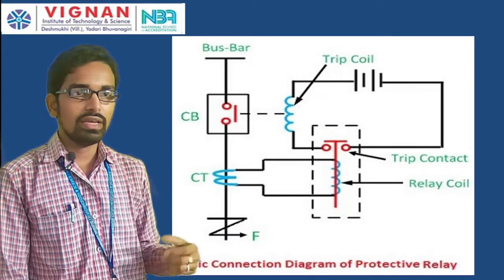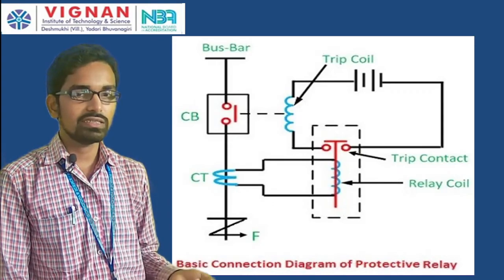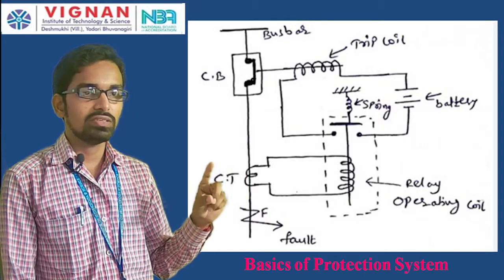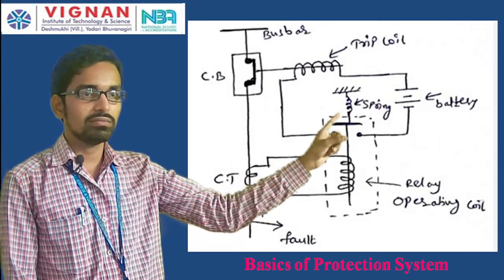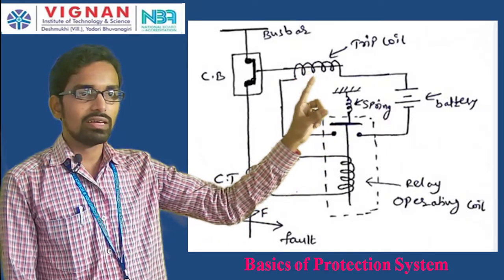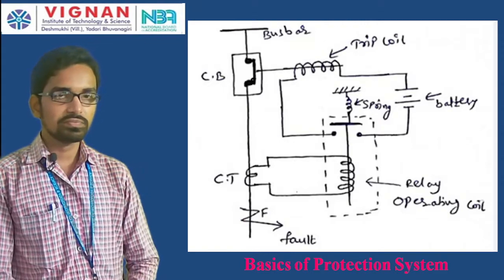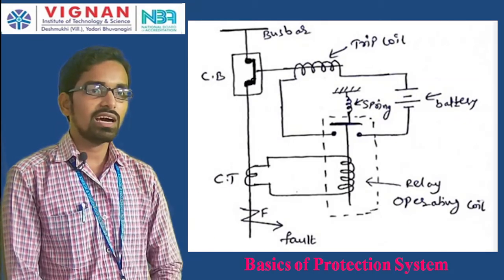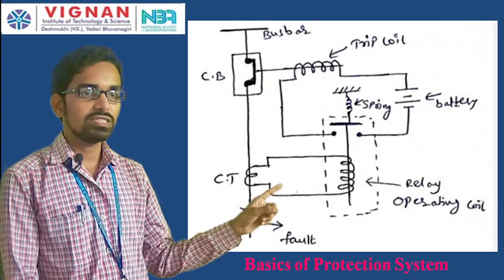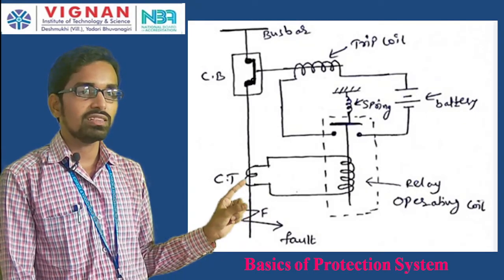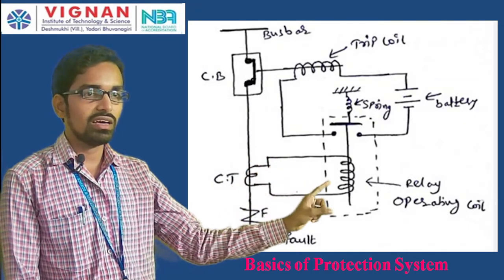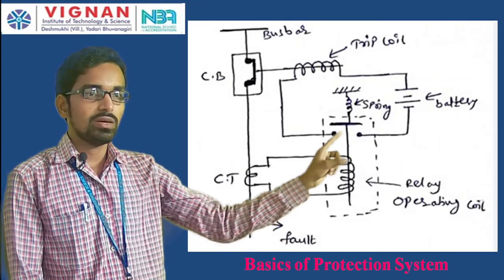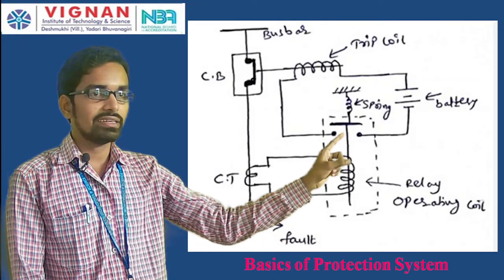In detail, the basic connection diagram looks like this. It is the same as the previous diagram, but here I have just added the spring, and the trip coil is drawn like this. Here, under normal operating conditions, a current flows in the CT primary, and that current flows through the secondary of the CT, which is not sufficient to move the relay contacts.